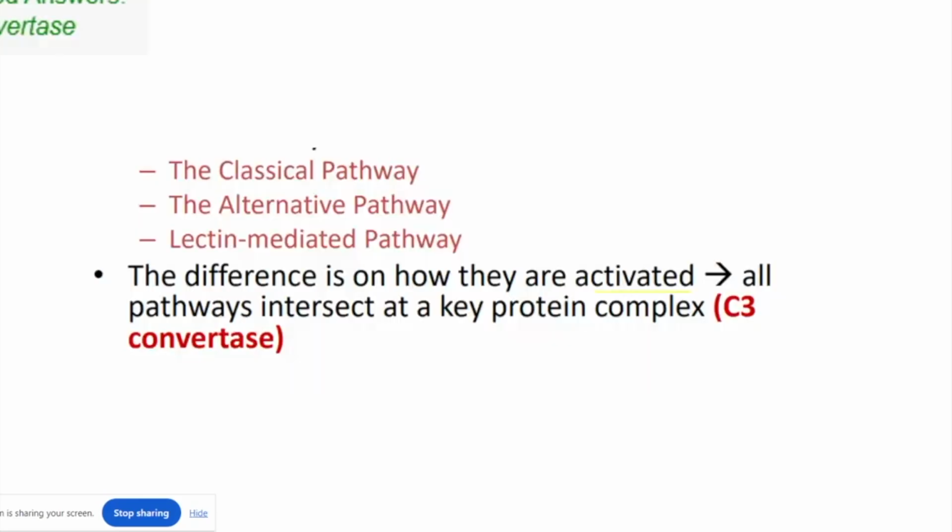Okay, C3 convertase is the correct answer. So basically, there are three different pathways that get activated: the classical pathway, the alternative pathway, and the lectin mediated pathway. Though they start at different points, they all converge at the C3 convertase.